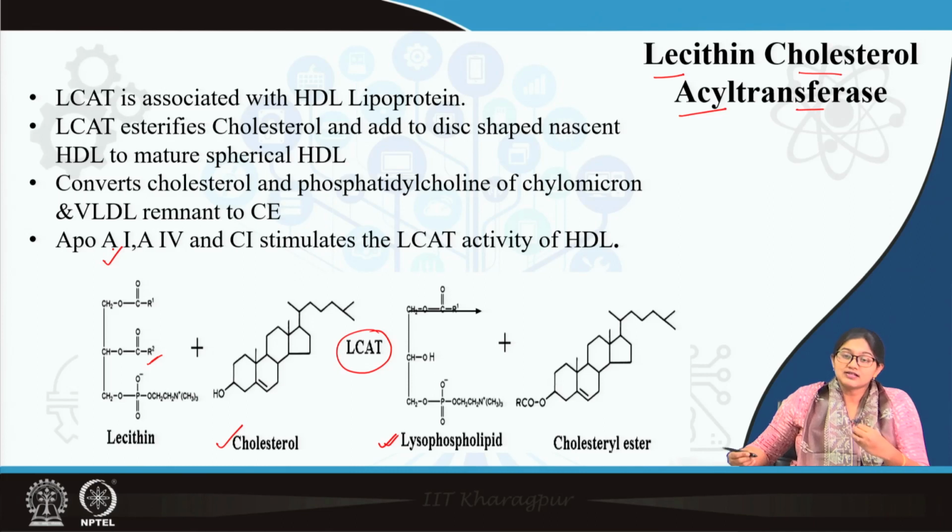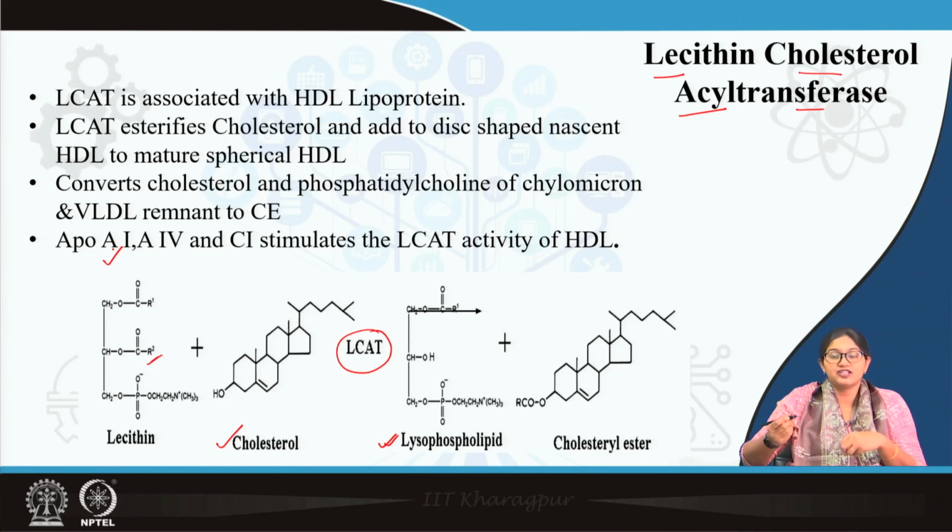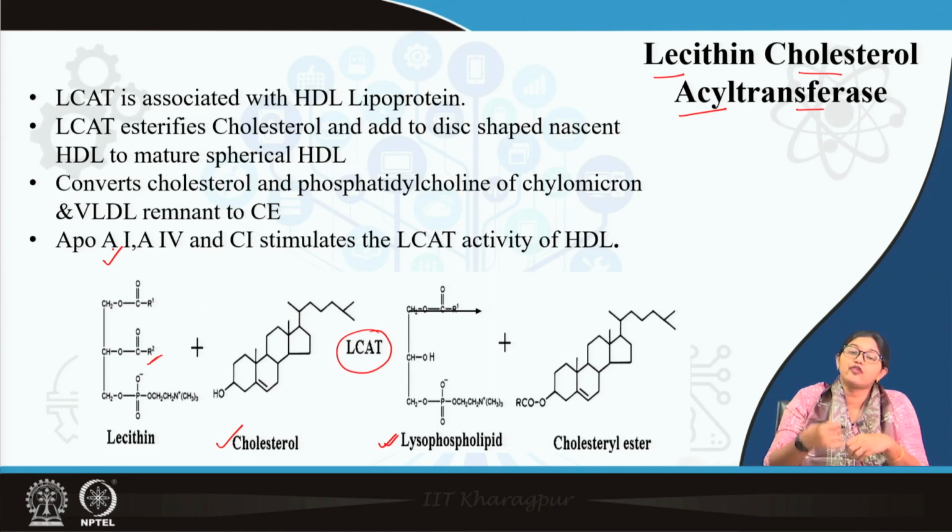Now, once this pre-beta HDL takes up cholesterol from extrahepatic tissues, what happens? LCAT is activated by ApoA1, and cholesterol is esterified to form cholesterol ester, which is more hydrophobic than cholesterol.